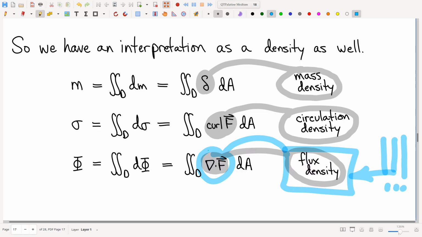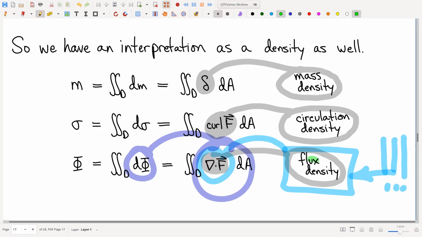It's in very common use, and I love that because it's perfect. It's not just a word that sounds like what we're talking about. It's a word that explicitly describes what its role is. Divergence, its job is to be the thing that I multiply by size to get stuff. Its job is to be a density.